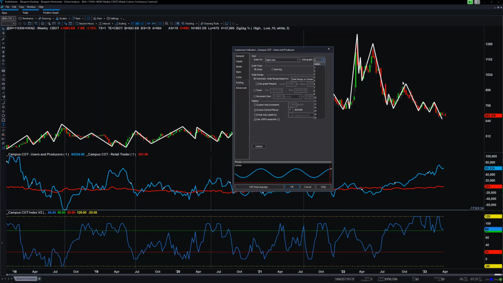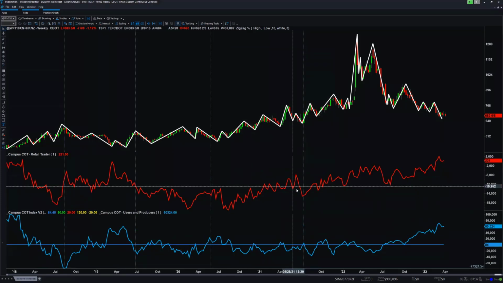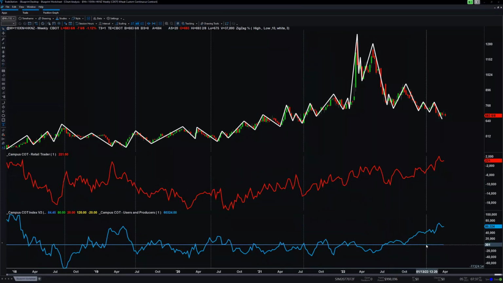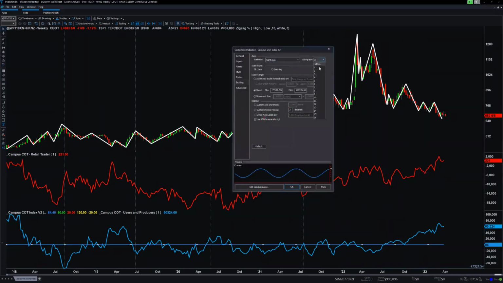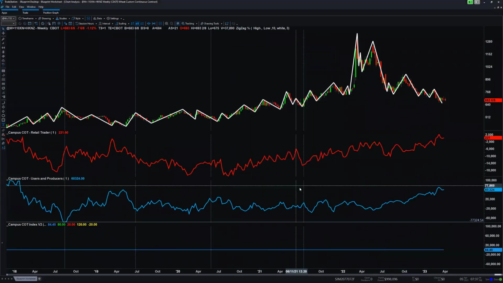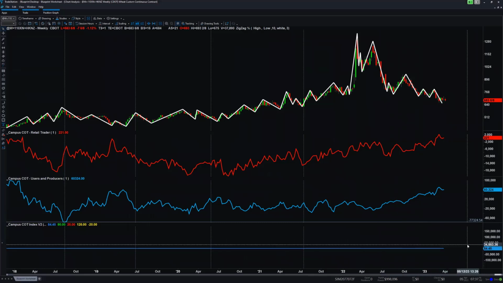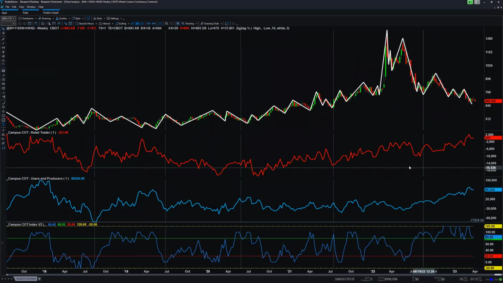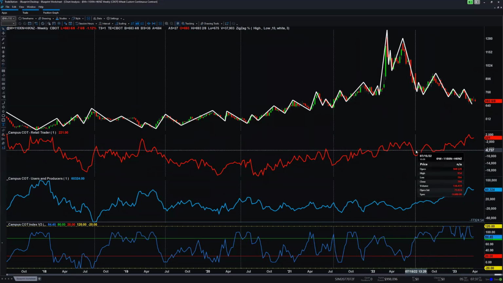So this would be subgraph 1, this would be subgraph 2, this would be subgraph 3. So I would put this to subgraph 3. Now it's my index that's kind of got out of whack, right? And my index I would now put at subgraph 4. Reset. Here we go.